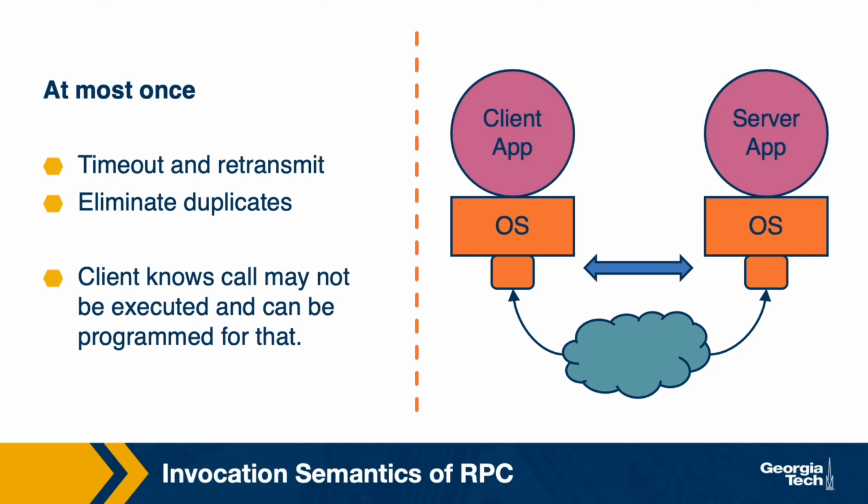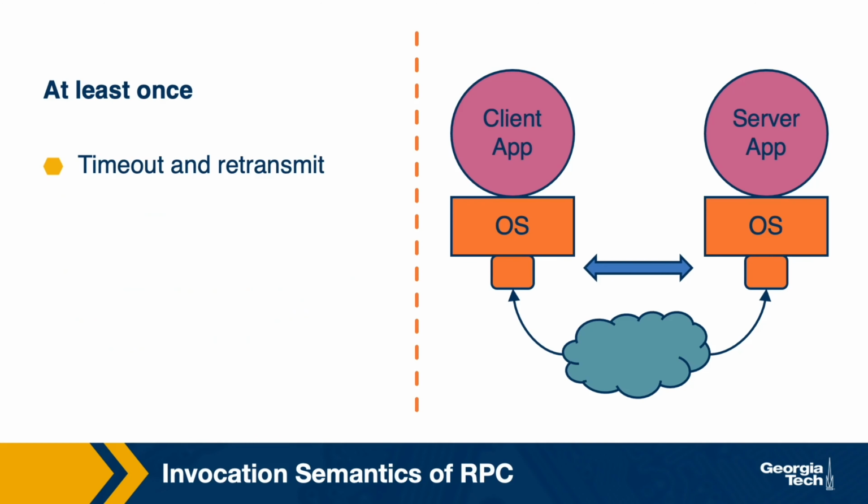The difference between explicitly saying that the call semantics are at most once is that the client or the developer of the client application knows that that is the guarantee the RPC system will provide. And it can program the application such that it behaves correctly even in the case if the call is executed once successfully or in the case if it's not executed at all.